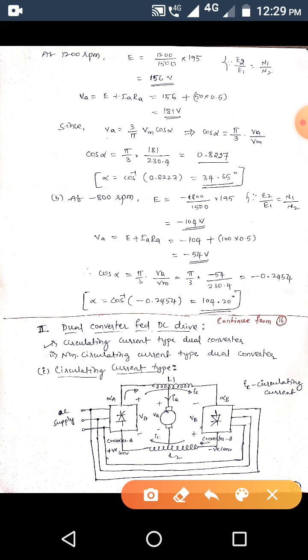Then L1 and L2 are the reactor 1 and reactor 2, or inductance L1 and inductance L2.